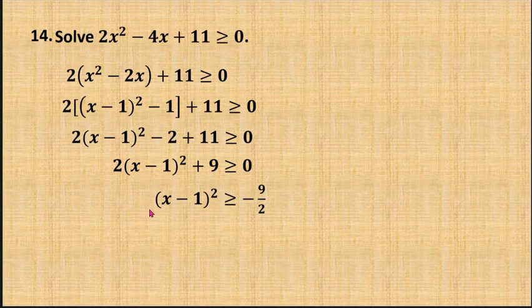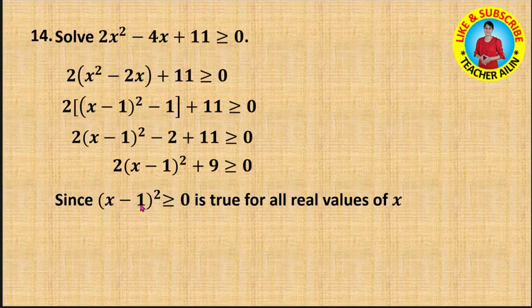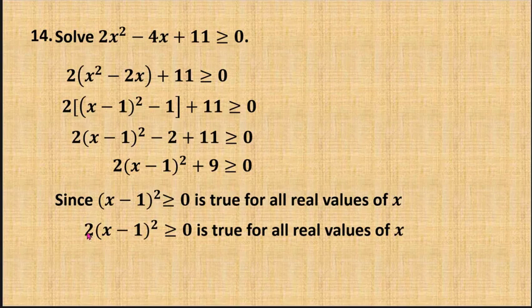Instead of saying that x minus 1 power 2 is greater than negative 9 over 2, it is more suitable to say that x minus 1 power 2 is greater than 0, which is true for all the values of x. Since we know that x minus 1 power 2 is a positive value, if this positive value is multiplied by a positive value 2, the result is still a positive value.